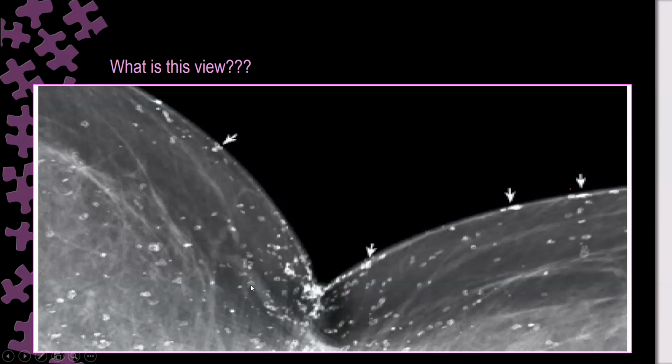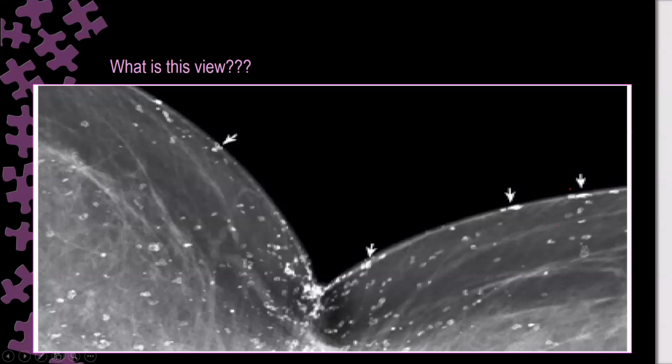Calcification in the skin. Skin only. Okay. Skin calcification. Where usually are you seeing skin calcification in the breast? The common locations. Medial, or between two breasts.